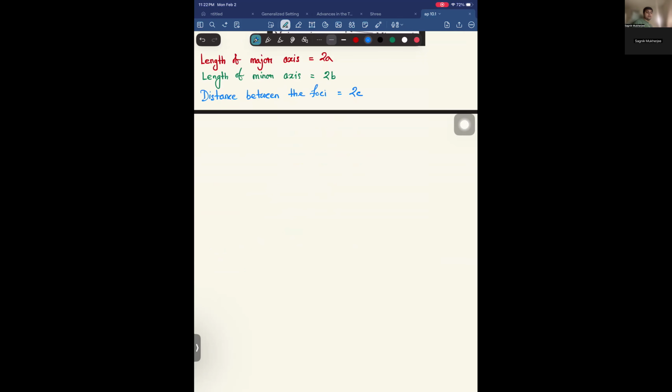Anyway, let me also write down the equation, which is again going to be copy paste. As you can see, an ellipse can be either vertical or horizontal.